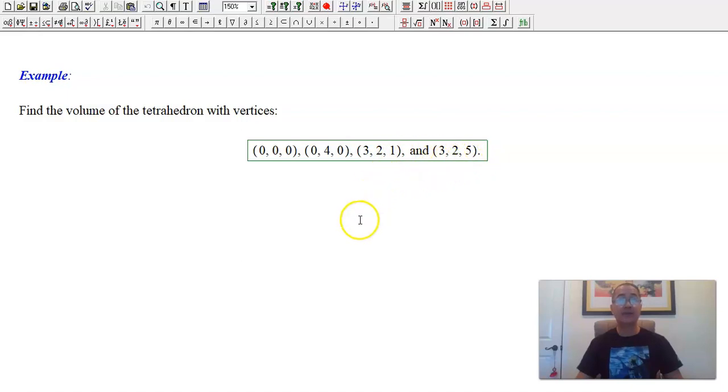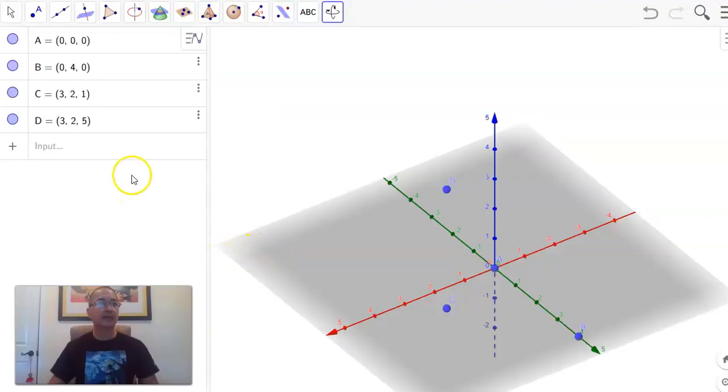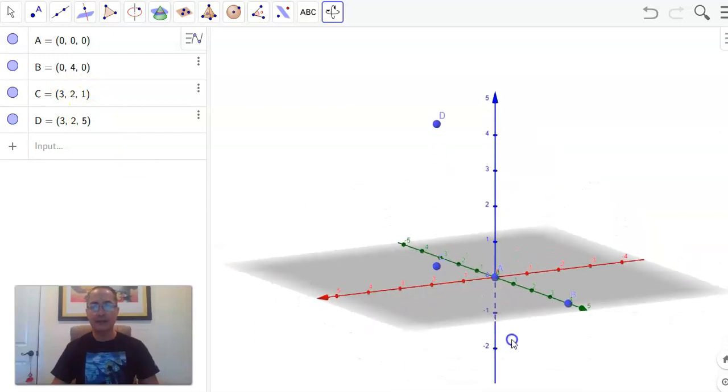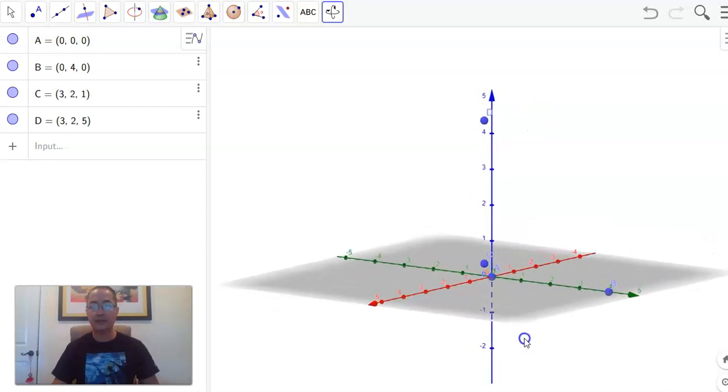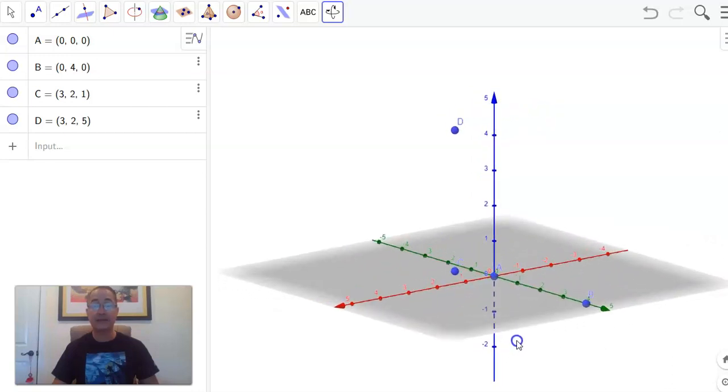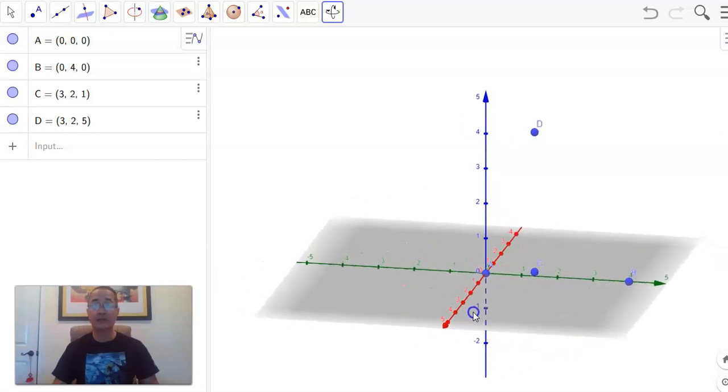So let's go to GeoGebra and let's make this tetrahedron. All right, so again, to save us some time, I plotted the 4 points over here. And yeah, if we move around, of course, C and D are definitely not on any of the axes. They're not even on the XY plane. They're just floating around in space.